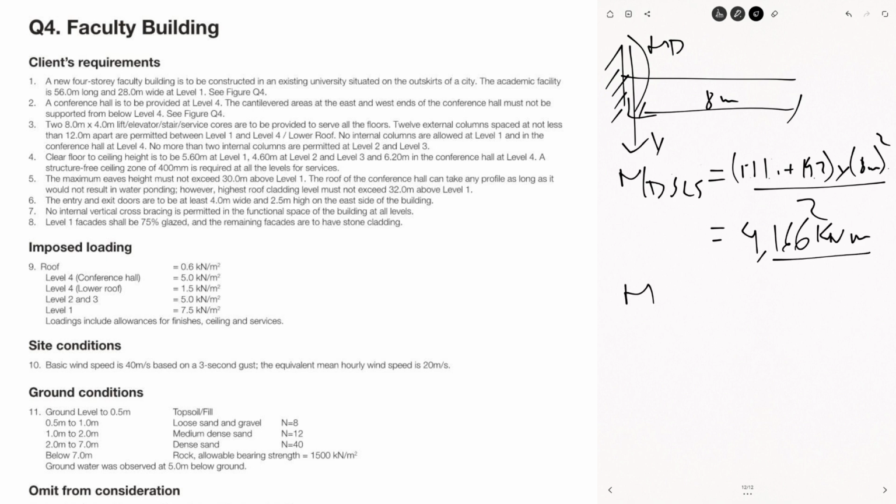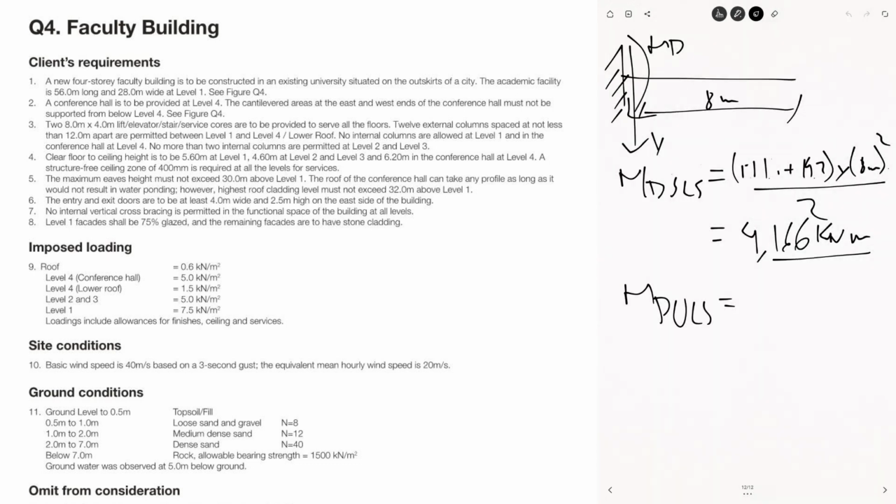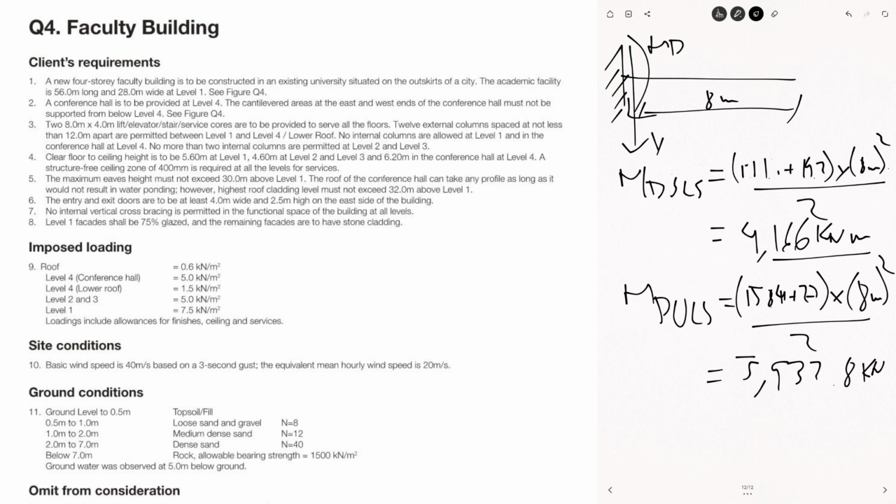And we then go the MDULS, which is 158.4 plus 27 times 8 meter square divided by 2 plus 27 times 8 square divided by 2. This gives us a moment of 5,932.8 kilonewtons per meter.